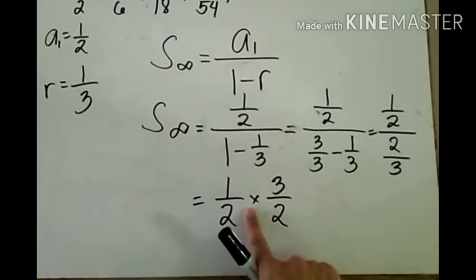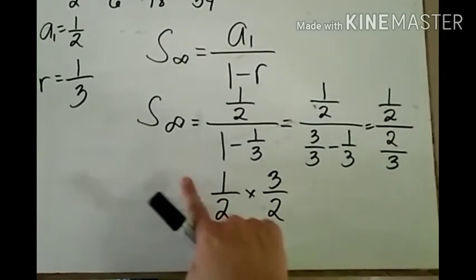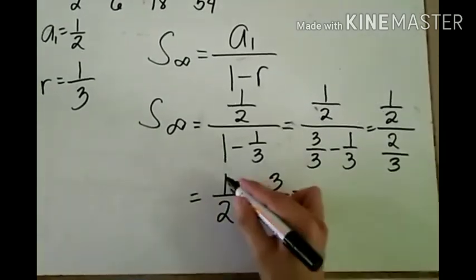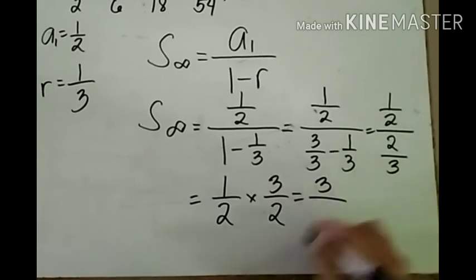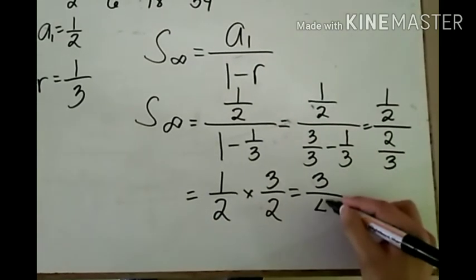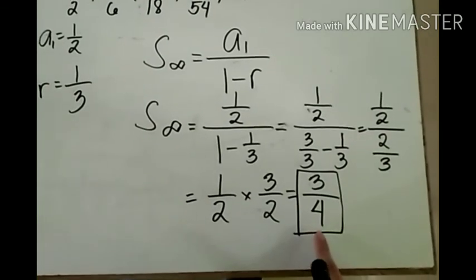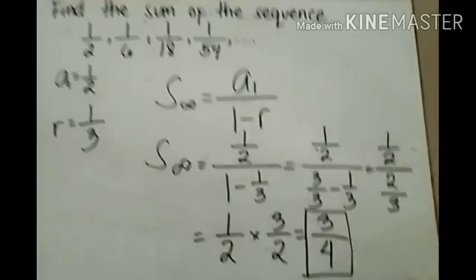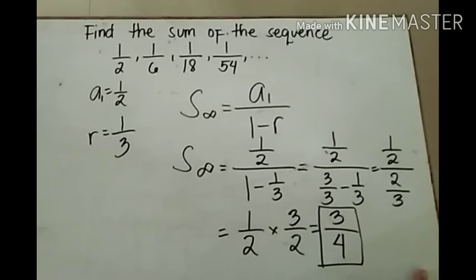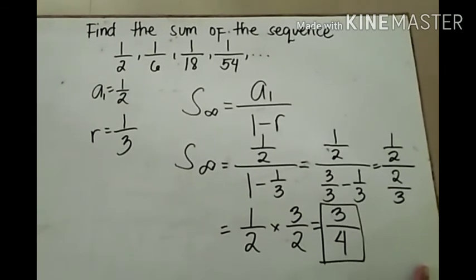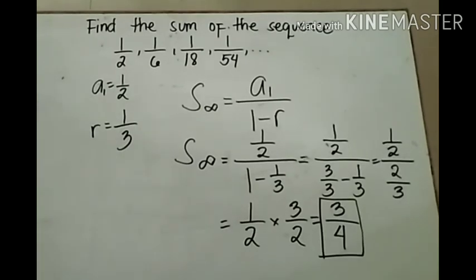And we change the operation to multiplication, and then multiply lang natin diretso. 1 times 3, 3. And then 2 times 2, 4. So the sum is 3/4 or equal to 0.75. So 0.75 or 3/4 is the sum of the sequence 1 half, 1/6, 1/18, and 1/54.